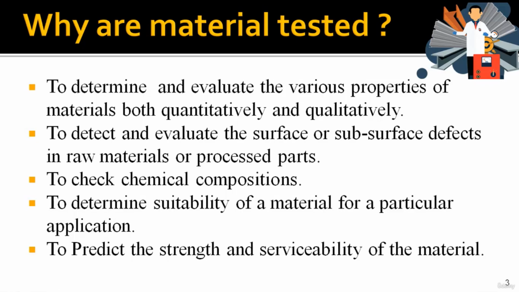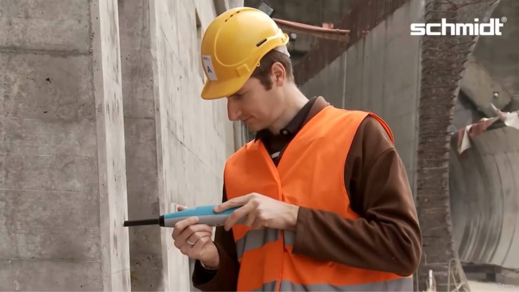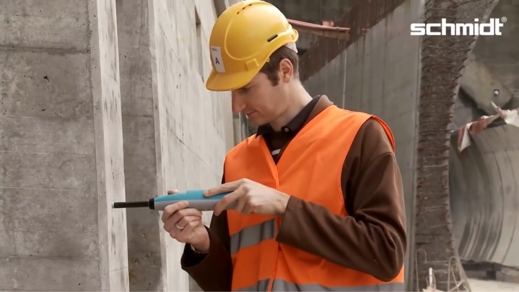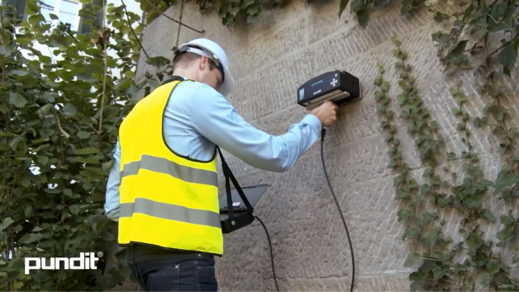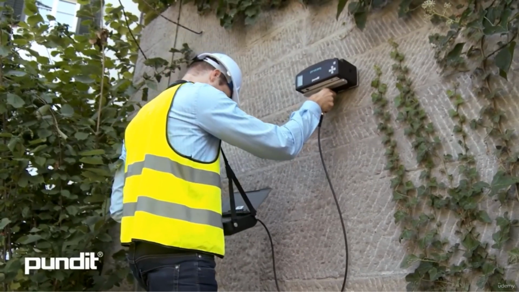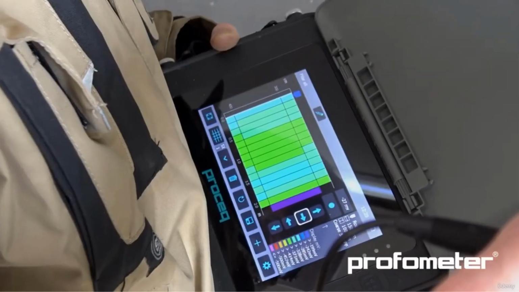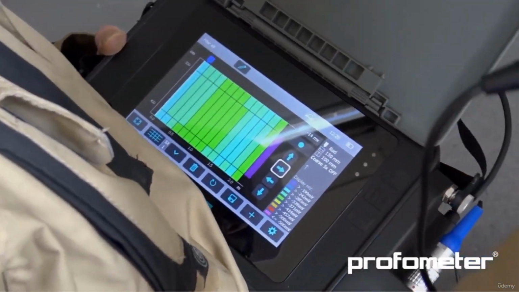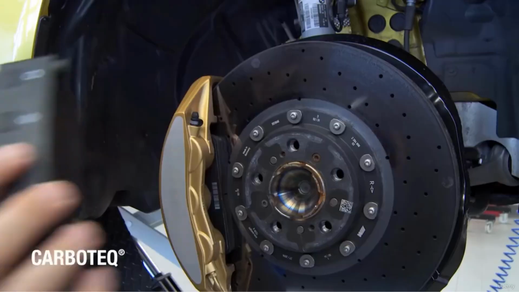Okay, so we can divide material testing into two parts. One is destructive testing and the second is non-destructive testing. Before starting non-destructive testing, let's talk about what destructive testing is.